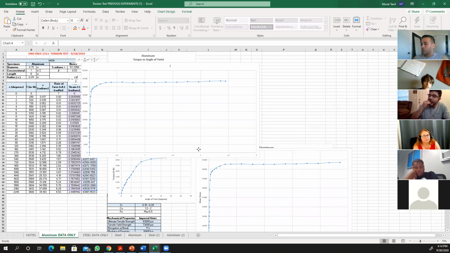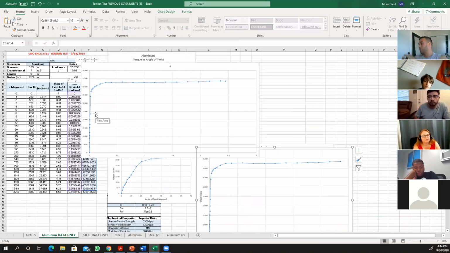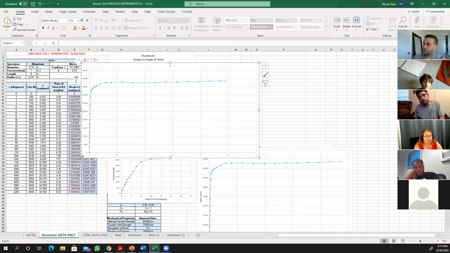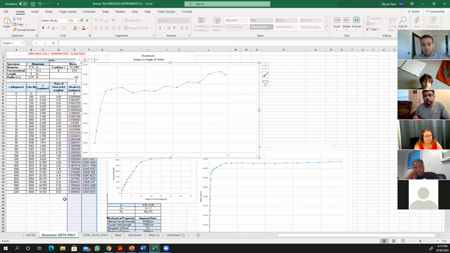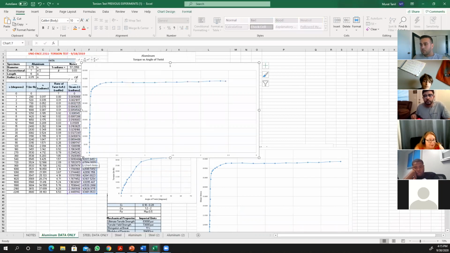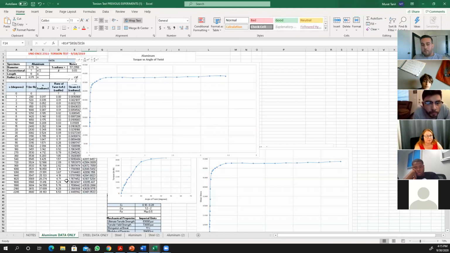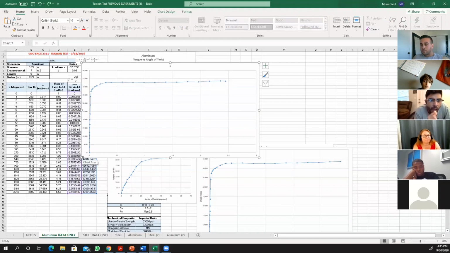Okay, Andrea, tell me which portion is the elastic portion, the linear portion? Which portion is the elastic region? The elastic region is the part that goes up until the curve. I can't see the numbers very well from here, I'm sorry. Okay, one second.